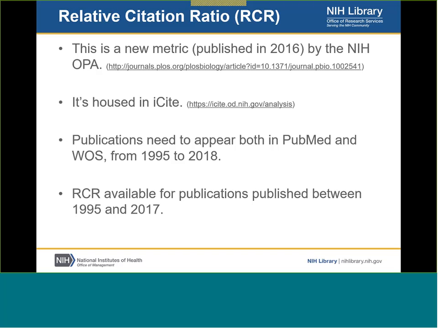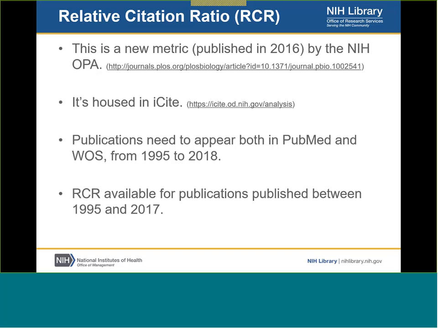And the RCR scores are available for publications published between 1995 and 2017, which sort of makes sense because publications have to be at least 2 to 3 years old to gather enough citations to do analysis. So their cutoff point is kind of just 1 year, 2017, which is kind of generous.